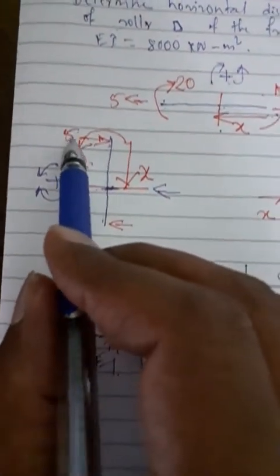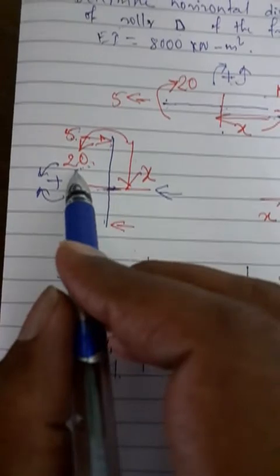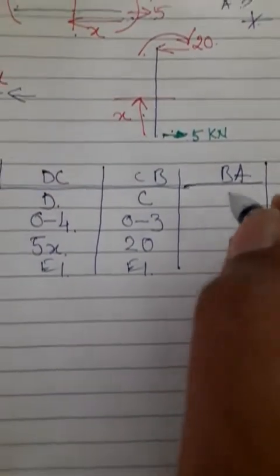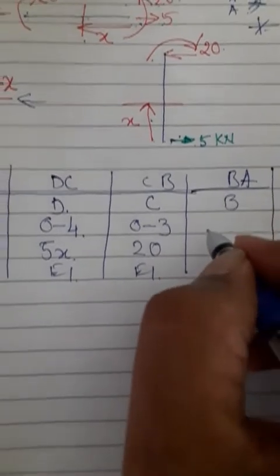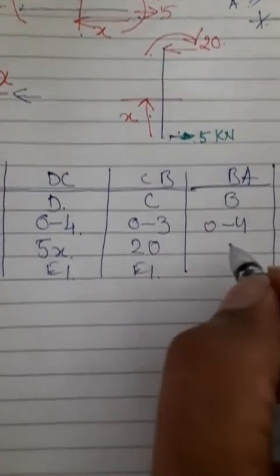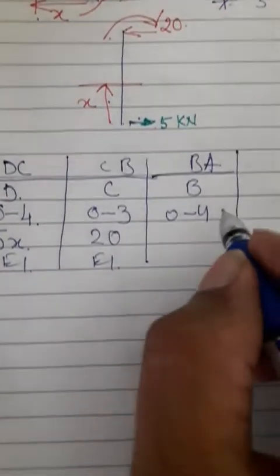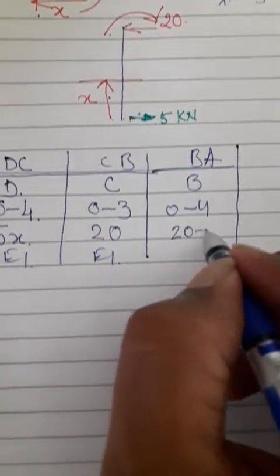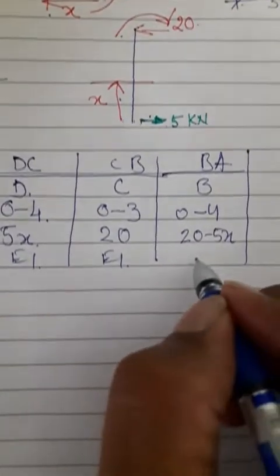The 5 is acting in opposite direction, so 20 minus 5x. So origin is B, limits 0 to 4, bending moment 20 minus 5x, EI.